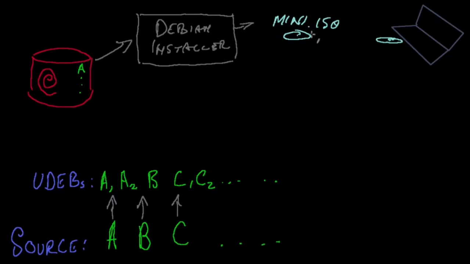It doesn't only make the mini ISO. What it makes normally is initrds, and it makes different flavors of those initrds. It makes one for doing a network install, and it has one for the CD install, which is when you've made a bigger CD and all the udebs you want are on the CD.